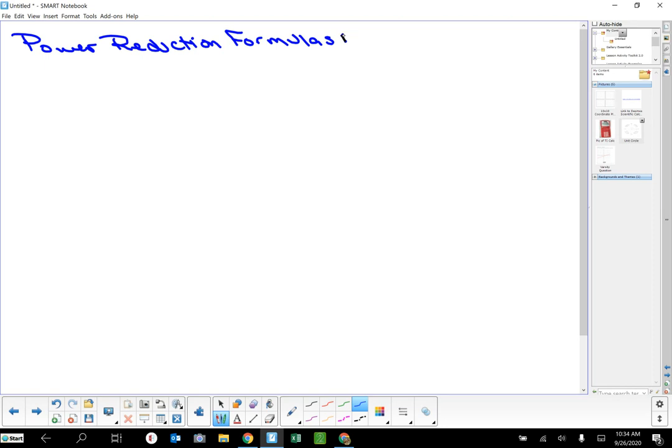All right, so next, I'll do these in blue, the power reduction formulas. So we have sine squared theta. So if you see sine squared, you could write that as 1 minus cosine of 2 theta, which is interesting because now you could plug in one of the double angle formulas from above, over 2.